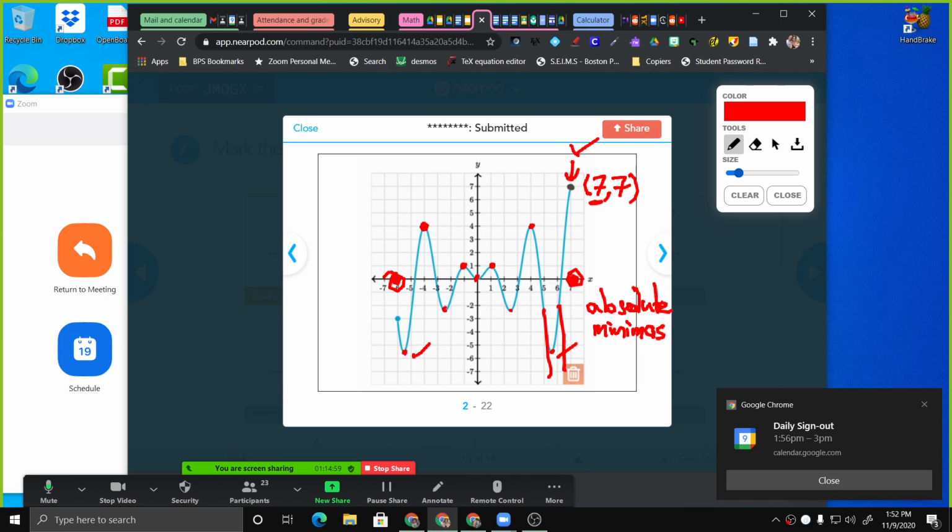So it's possible to have an absolute minimum that is also a relative minimum. The important thing for relative minimums is that there's an open interval that contains the point. And we can make this open interval where that's the left bound and that's the right bound. That's the left bound and that's the right bound. And this point is contained between those bounds in that interval.